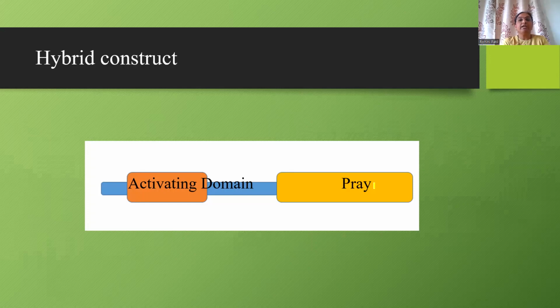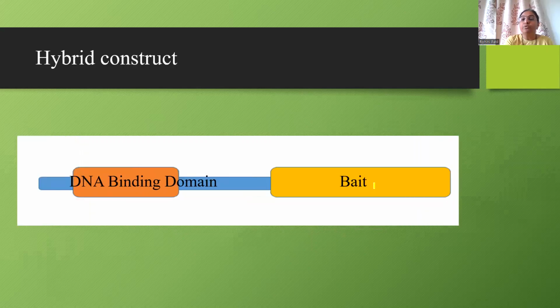Suppose you want to analyze the interaction of the alpha with the omega. Then here the prey will be the alpha. That is, is the alpha going to interact with the omega or not? It has to be found out. So the alpha is going to be the prey, and what will you call the bait? The bait will be the omega.